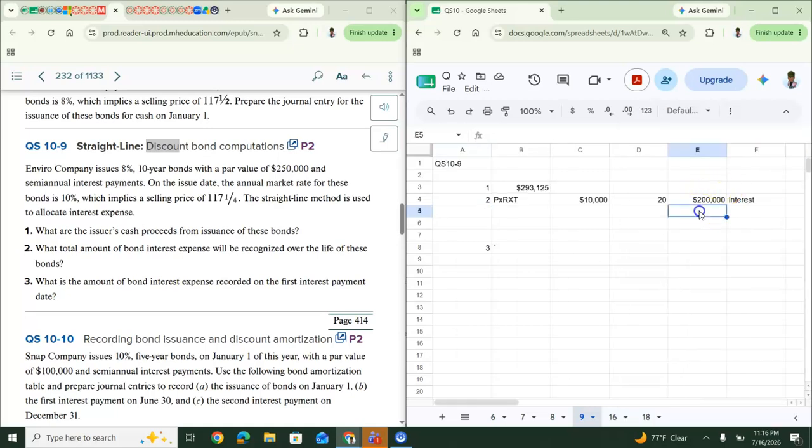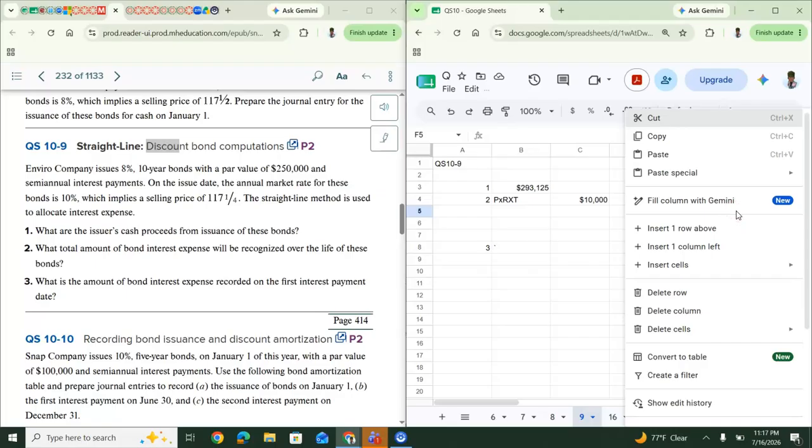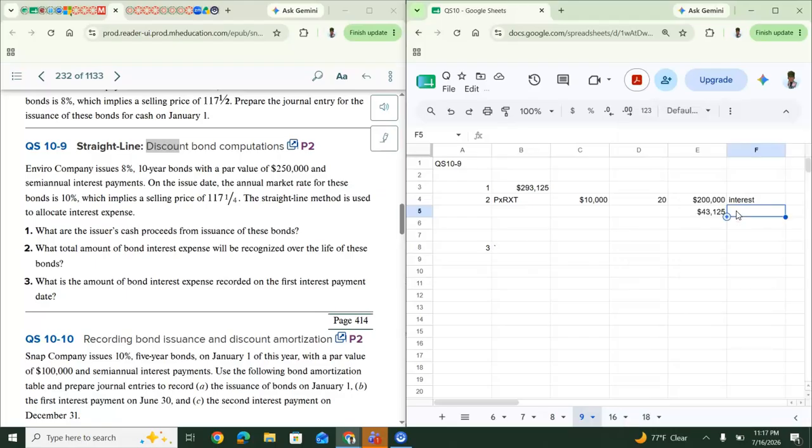So if you take the equal sign and take this 293,125 and subtract the 250, we're getting an additional premium up front, right? And so we're getting an additional 43,125. So that's the premium. And then that premium will offset that expense of interest. So premium.